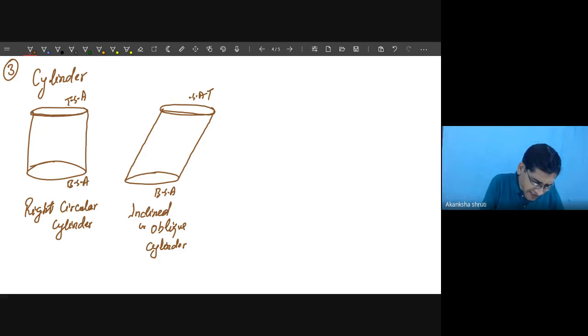Even more conveniently, we can observe if we allocate the radius of the base, and take the radius of the other surface area also, and join it. In this case, you will get this central line or this axis. This is called the axis of the cylinder.